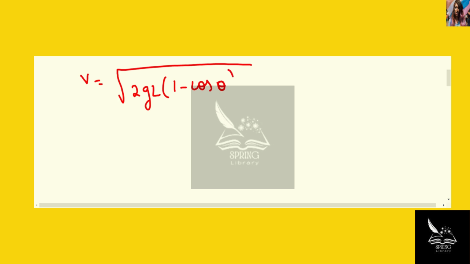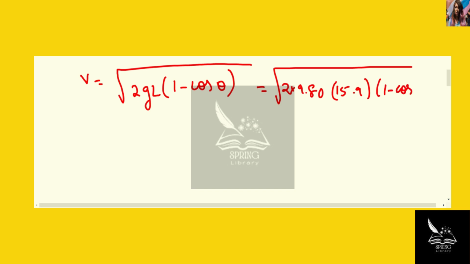So from this, we get the velocity to be root of 2gL(1 minus cos theta), and we are putting the values: 2 into 9.80 into 15.9 that we had got for L, 1 minus cos 12. Theta is 12 degree that we have. So this will give you the answer. When we calculate, you will get 2.61 meter per second.